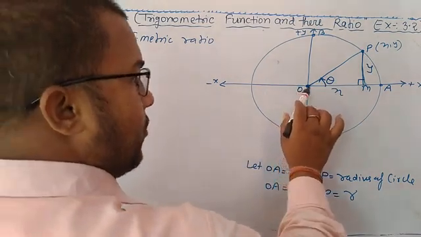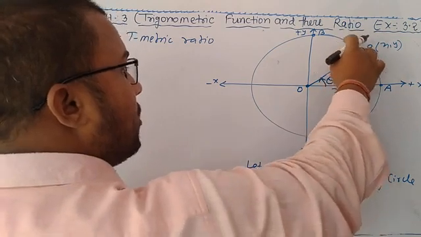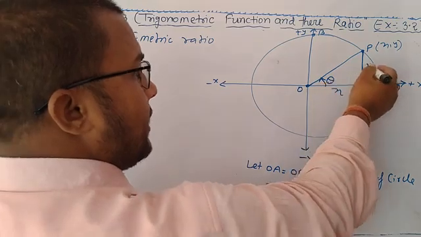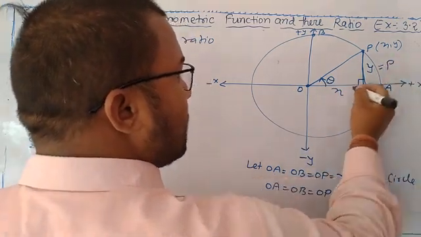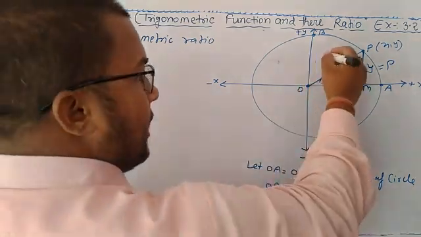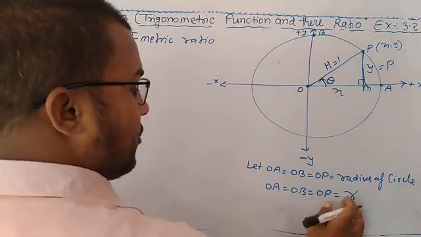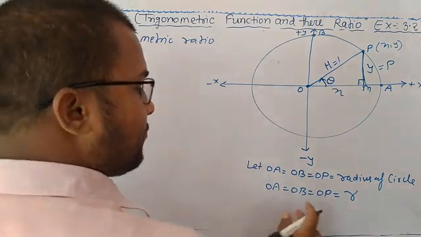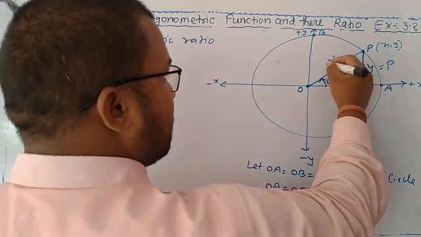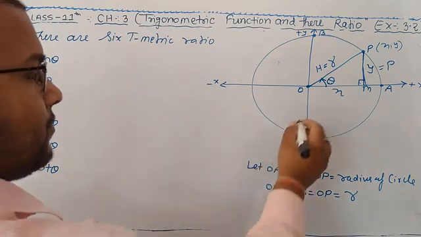The side opposite to theta is called perpendicular, the side opposite to the 90 degree angle is called hypotenuse, and the hypotenuse is equal to R, the radius, because OP is equal to R. The third side is called base.